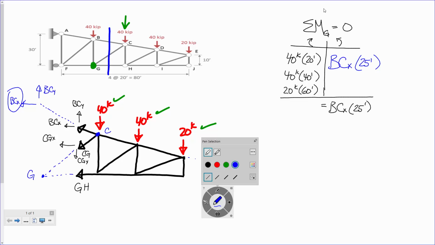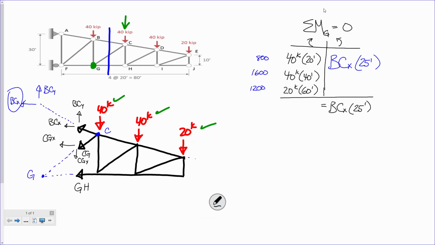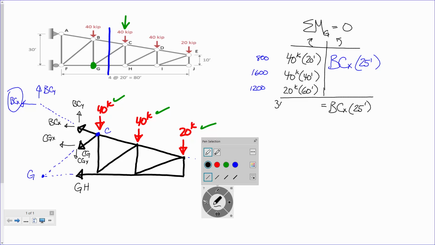Let's see, 40 times 20, that's 800. 40 times 40, that's 1,600. 20 times 60, that's 1,200. So 800 and 1,200 will give you 2,000. So that's, what, 3,600? Did I do that right? Okay. So there's your sum of moments right there.